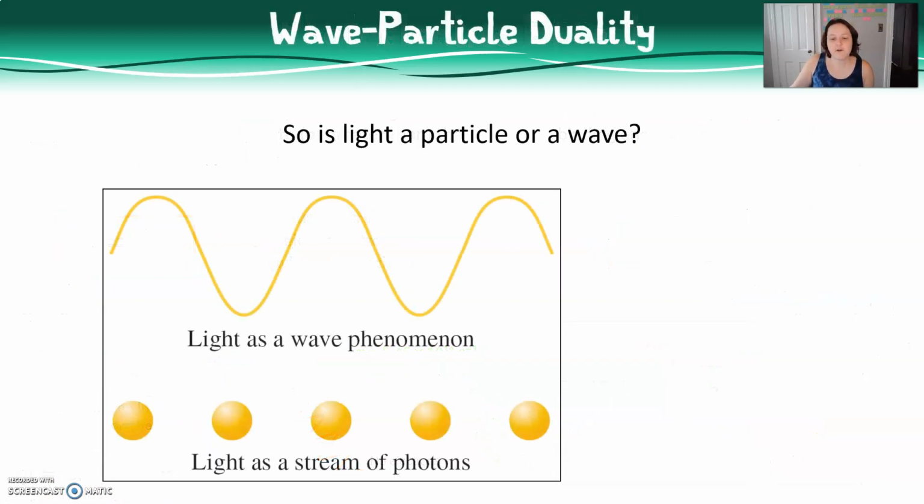The discovery of the photoelectric effect represented a significant advancement in how light was understood because it connected the wave-like properties of light to particle-like properties and set up an interesting phenomenon called wave-particle duality, which is also displayed by electrons. So the answer to whether light is a particle or a wave is that it is actually both.